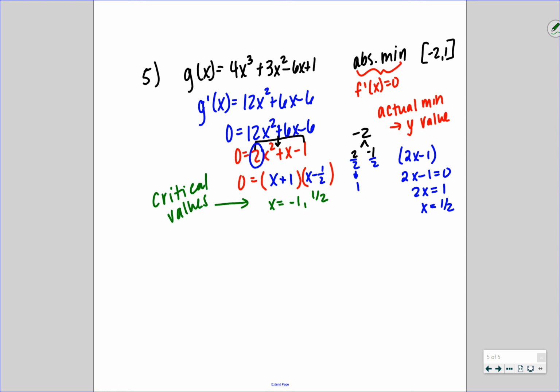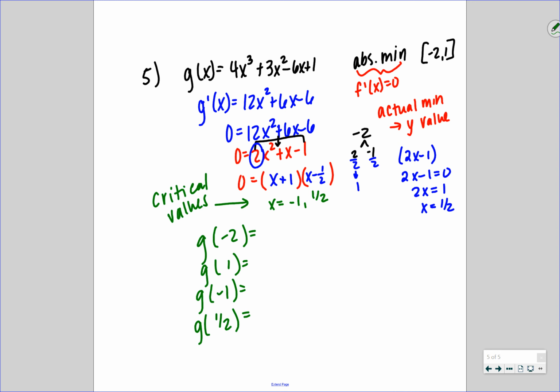I'm looking for the minimum value of g. So you're plugging back into g. I'm going to do my ends, g of -2, g of 1, and then my critical numbers, g of -1 and g of 1/2. And there's no way I'm putting 1/2 into anything in my head.